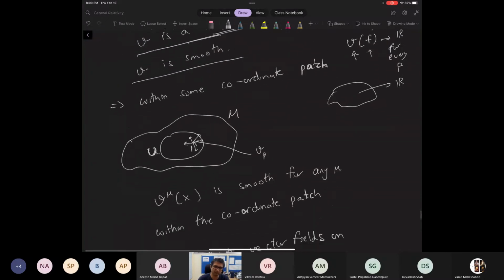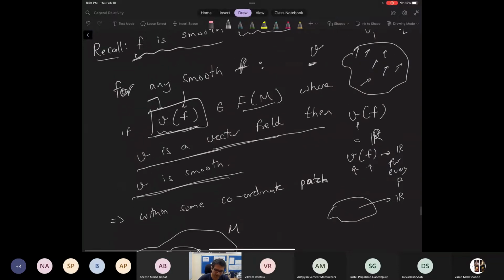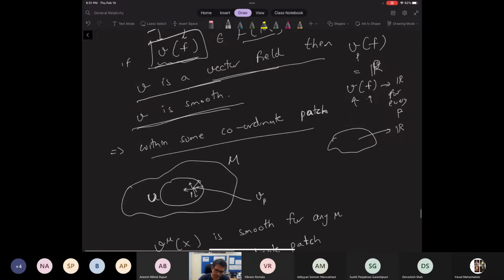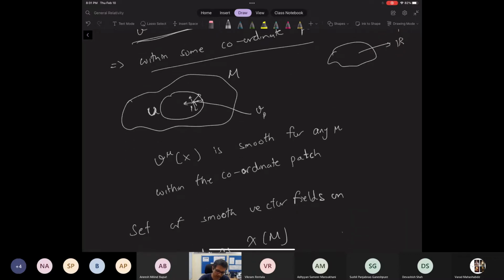This notion of smoothness has nothing to do with any particular choice of coordinates, but you can define this notion of smoothness using coordinates also. Within some particular coordinate patch, you can look at a point p, with a tangent vector space from which you pick one particular vector, that is your vector V at the point p. This point p lies within some region U, which is mapped to coordinates. In components, I can write this V as having components V^μ at x.